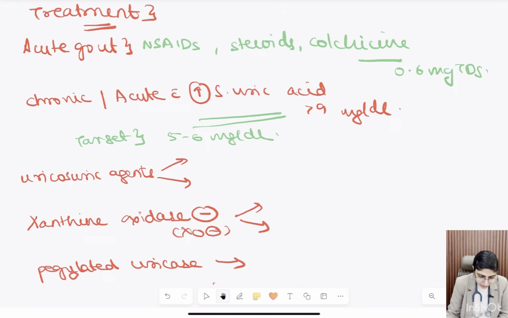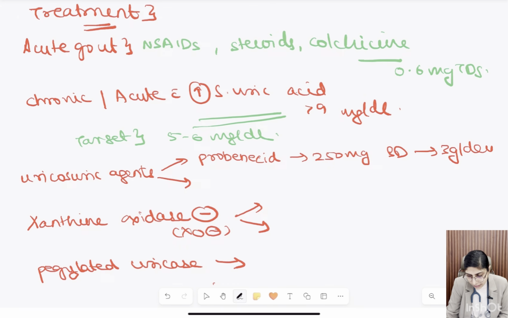So uricosuric agent number 1, I think we have all heard about it, probenecid. The dose here is 250 milligram BD, and we can go up to max 3 grams in a day.